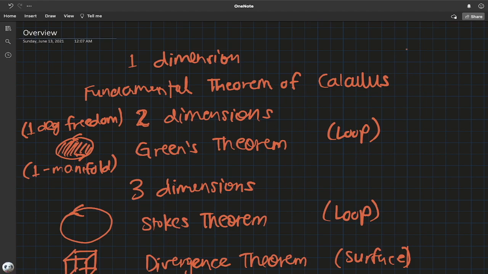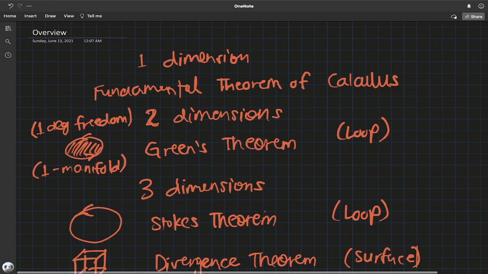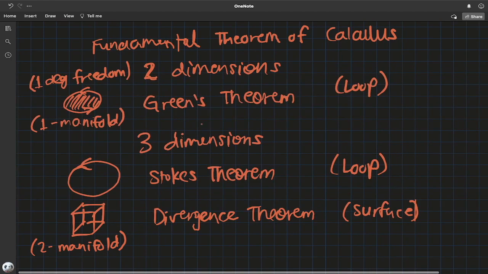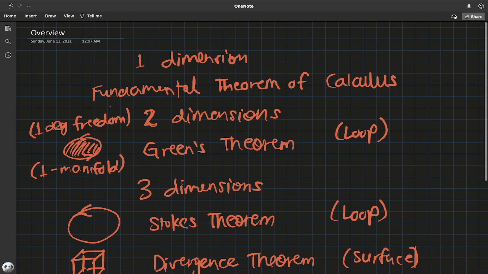That was the fundamental theorem of calculus. This was a special case of all these things in 1 dimension. And since we are in 1 dimension, we can only work with 1 manifolds, which was 1 straight line, and the direction was defined because it was single variable calculus back then.